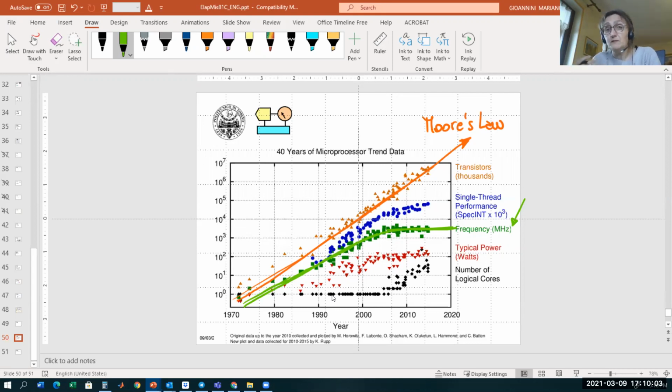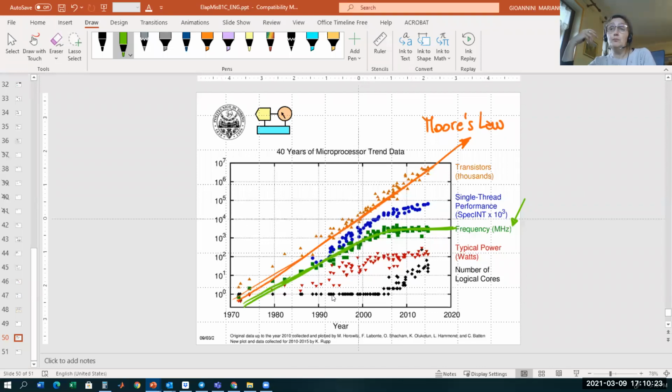Because if you increase the clock frequency further, it means that you have to dissipate more power. Dissipating more power means that the dissipation unit is more and more complicated, and there's a limit of the maximum power that you can dissipate easily.